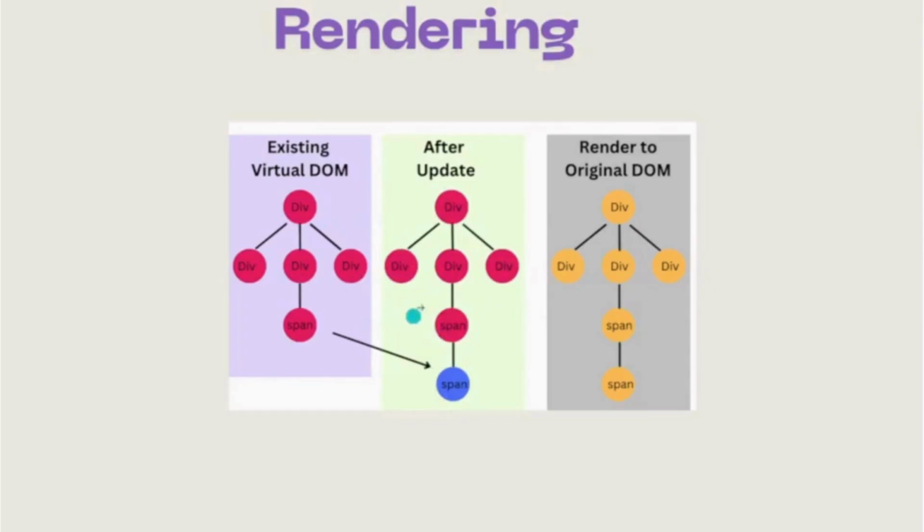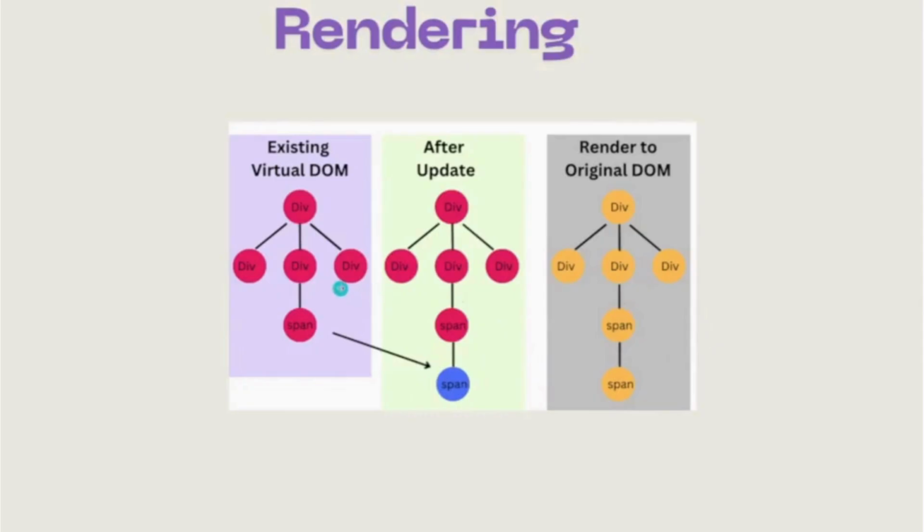Then after comparison by the diffing algorithm, React knows only this node was updated and it has to update it in the original DOM, and that's how it starts the reconciliation process for adding this span to the original DOM.